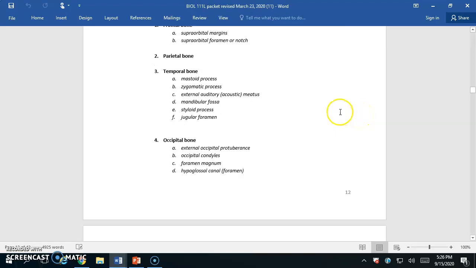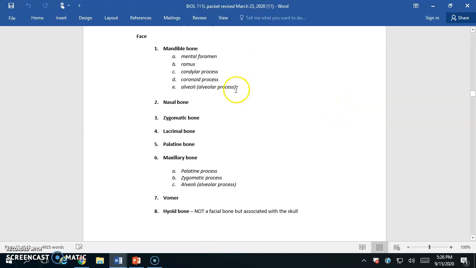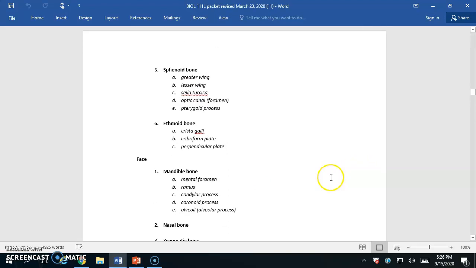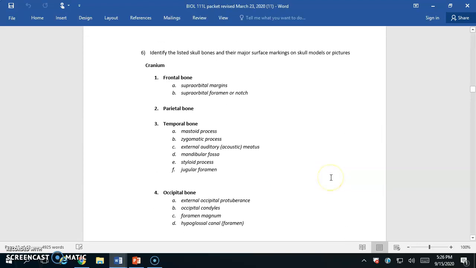And then for the facial bones, you have the mandible bone, nasal bone, zygomatic bone, lacrimal bone, palatine, maxillary, vomer. And hyoid's not really a facial bone, but it's close to the skull, so we've kind of included it here. It's the bone that doesn't really belong with any other bones, so it gets its own little special place. So those are the bones that you'll need to identify.